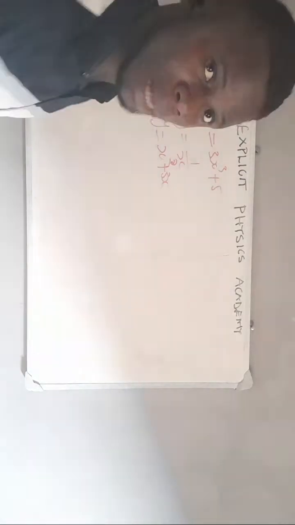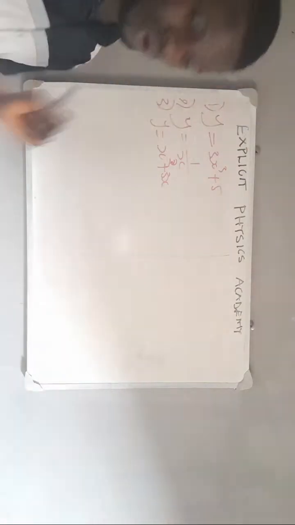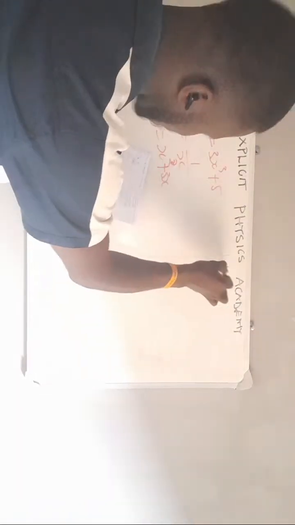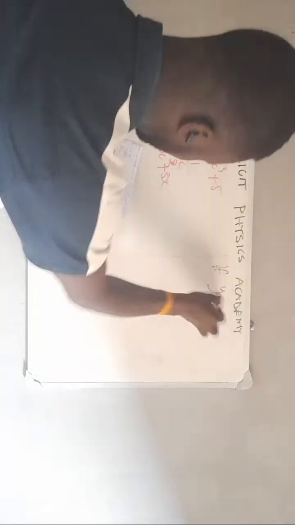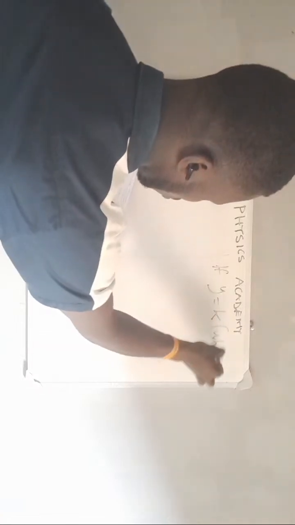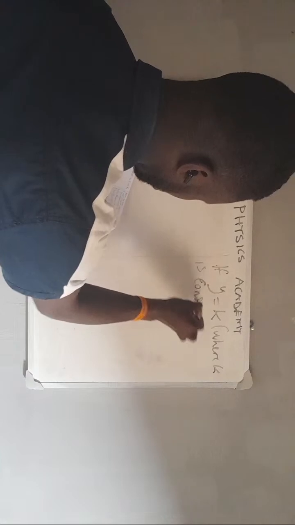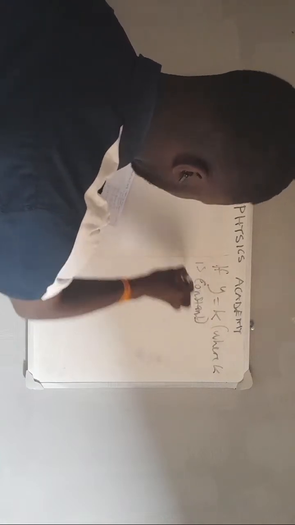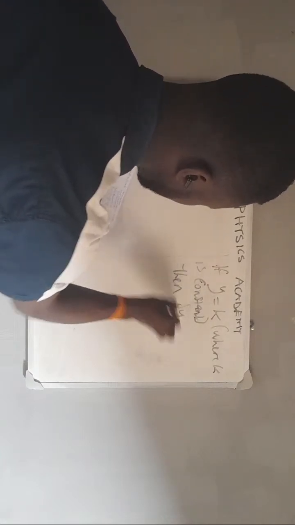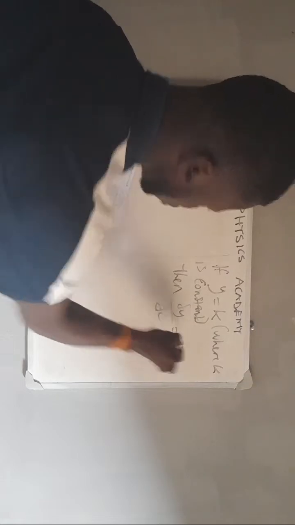Of course, I've told you, the first thing is to take the power down, and differentiating a constant gives 0. Please write it down before you copy this. If y is equal to k, where k is a constant, then dy/dx is equal to 0. Please forgive the marker.